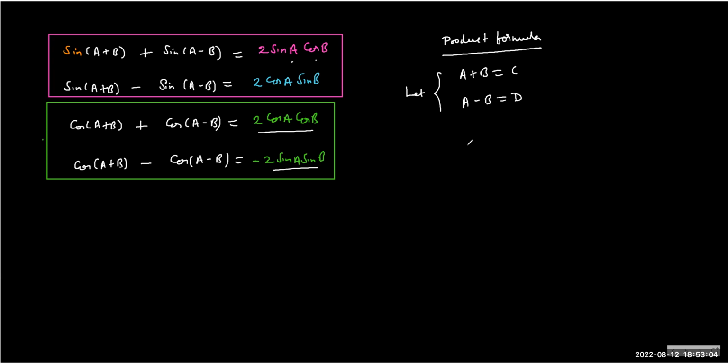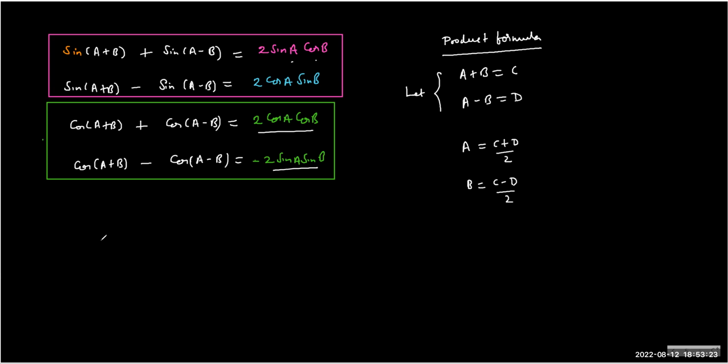If you add these two, it will give you A equals C plus D by 2. And if you subtract these two, you get B equals C minus D by 2, right? And now using these 4 formulas, I can derive 4 more formulas.